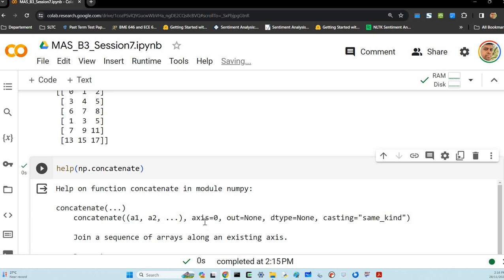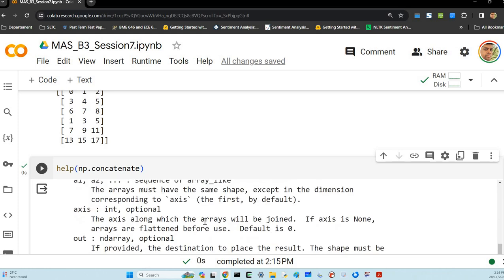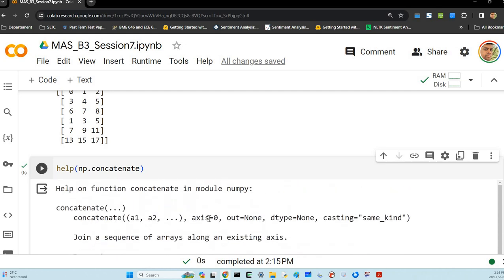This is what defines a row or column. Axis 0 means row or column, right? So for example, in my case, I put the default value 0, that is row wise. If you want to make it column wise, you have to make it 1.